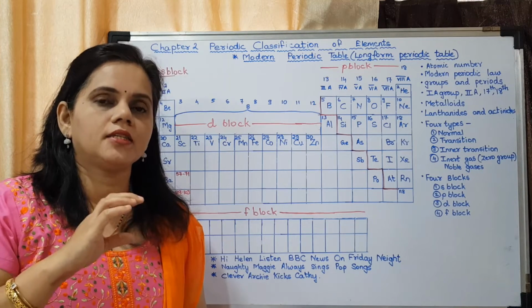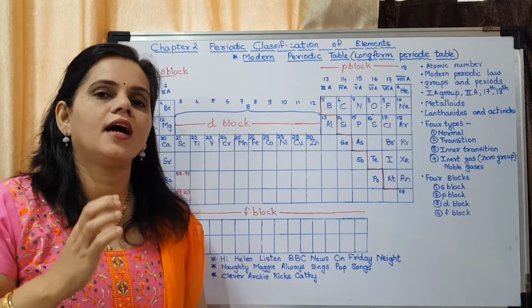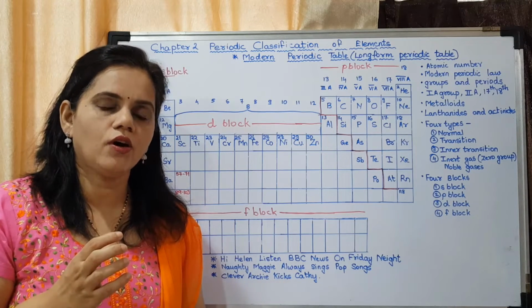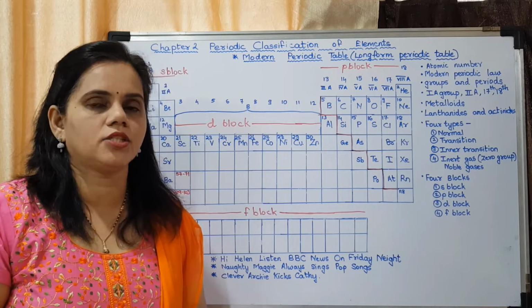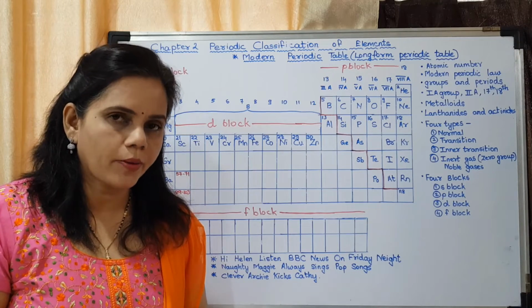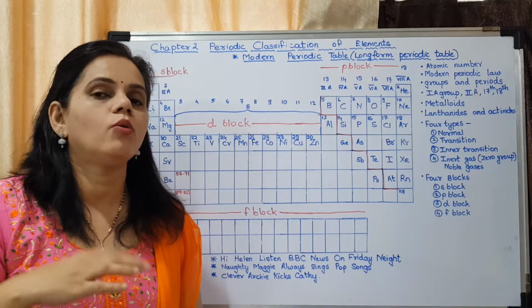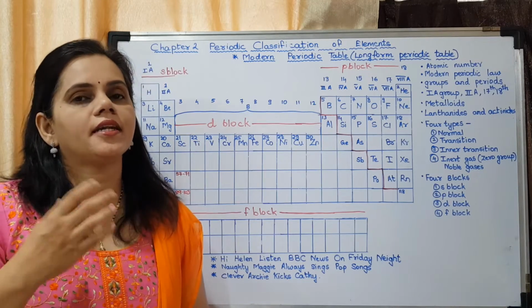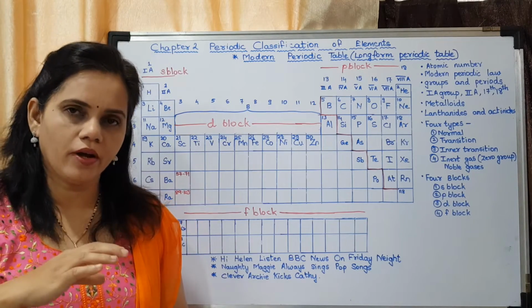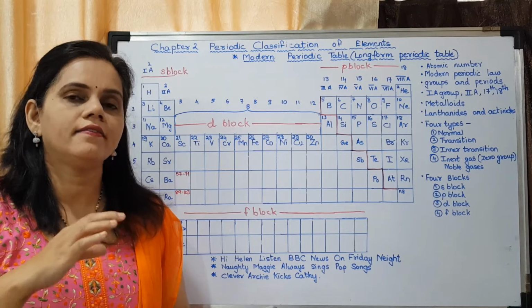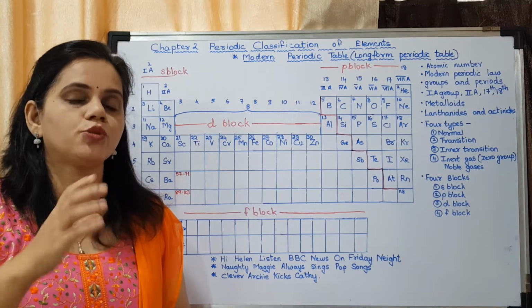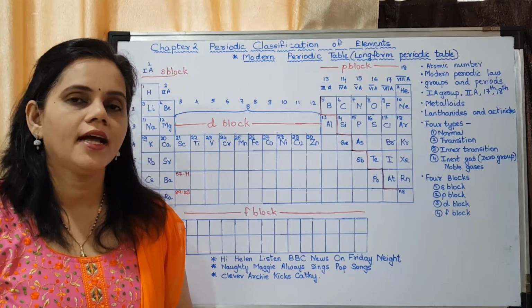The properties of elements are periodic functions of atomic numbers. So the fundamental property of elements is found to be atomic number. What is atomic number? It is the number of protons or number of electrons which an element has, which is present in one atom of that element.